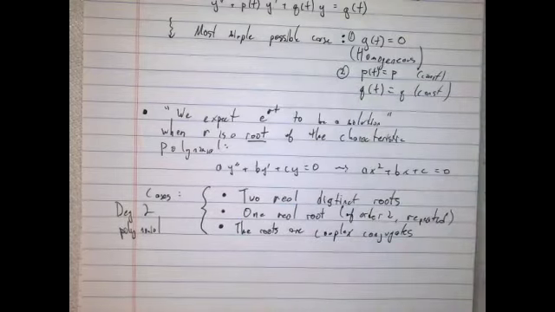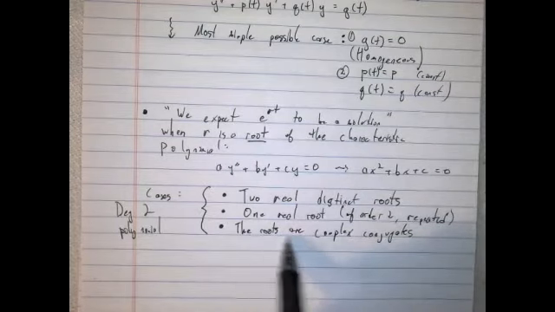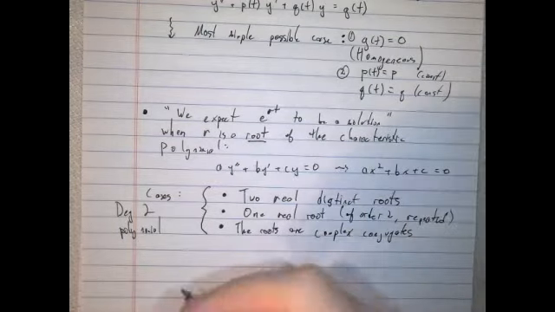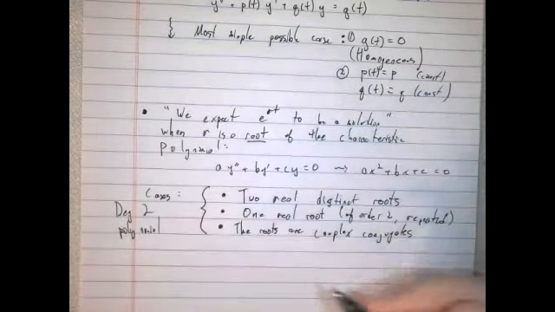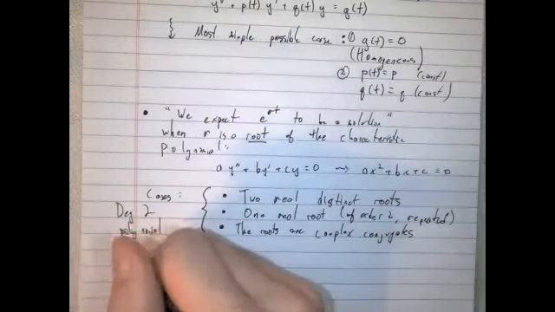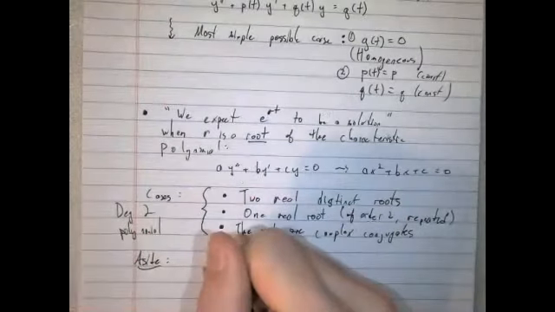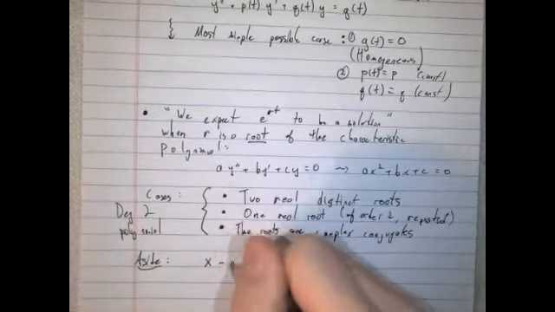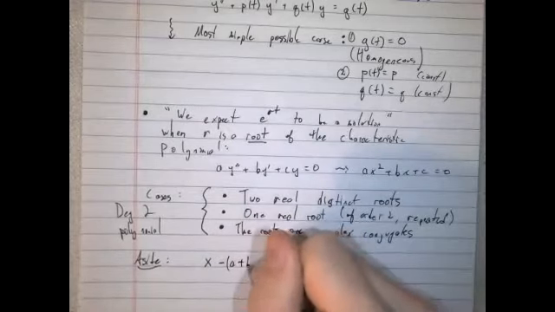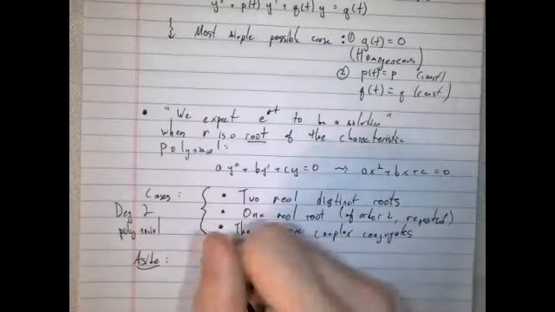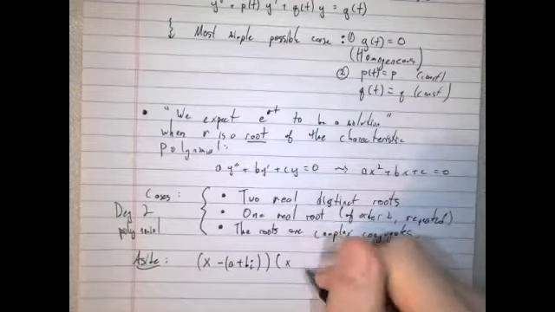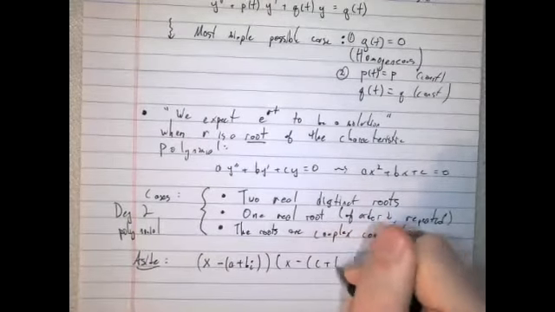So, and probably it's a good idea to think about why this holds, right? So if you write, let me just do as an aside. If we take x minus (a plus bi) times x minus (c plus di).